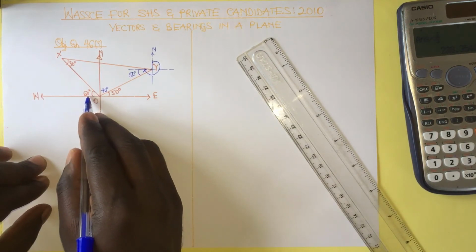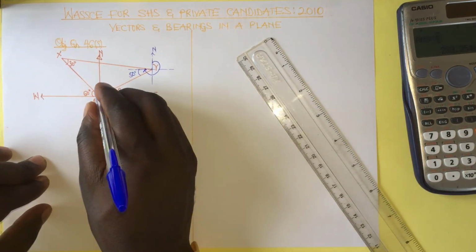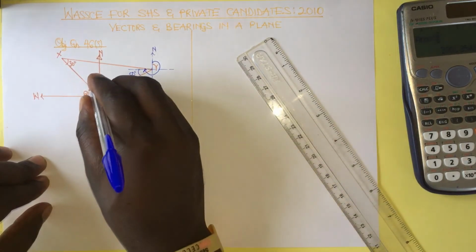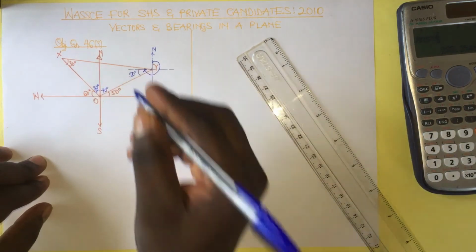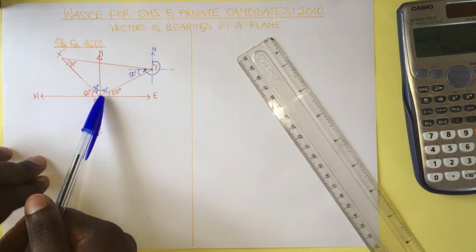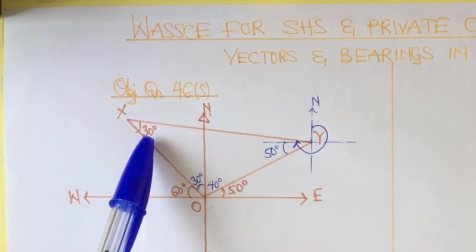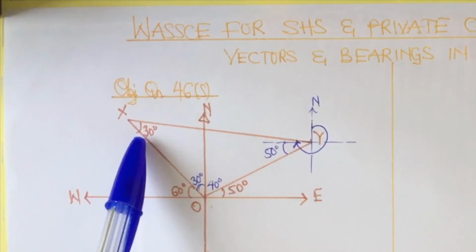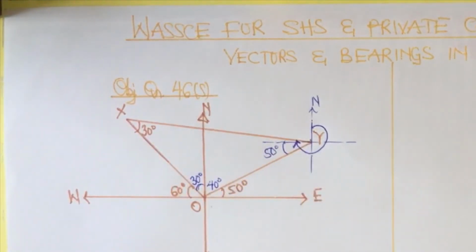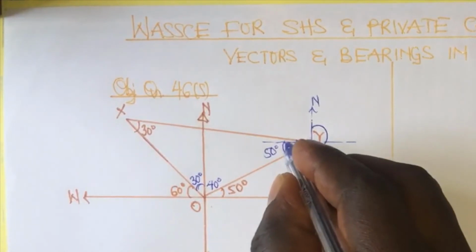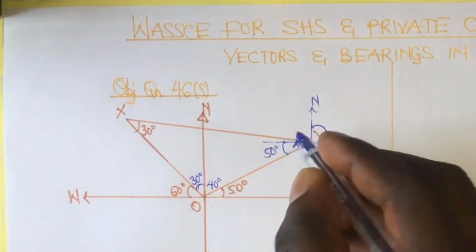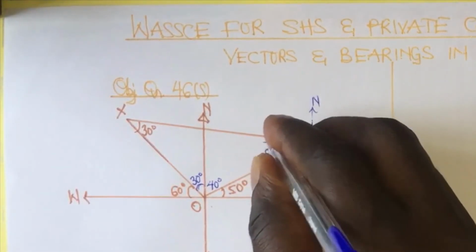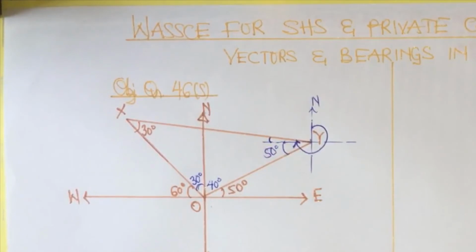So if this angle is 60 degrees, this angle here will give you 30 degrees. Right. So we know this angle. We know here to be this angle to be 70 degrees, here to be 30 degrees, and from this place to the x-axis there is 50 degrees. So we have to find a small angle, this small angle over there.